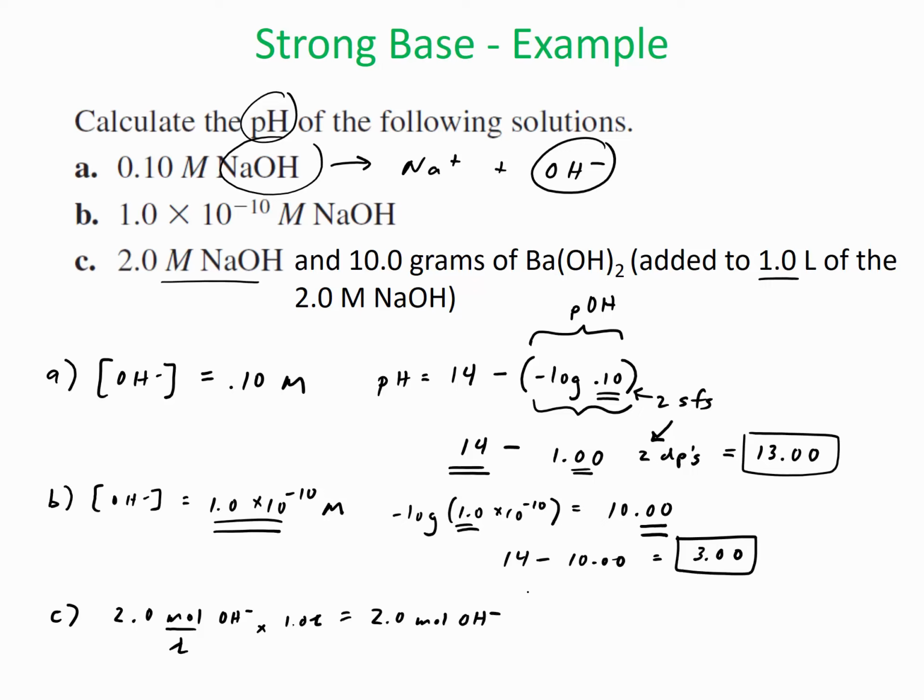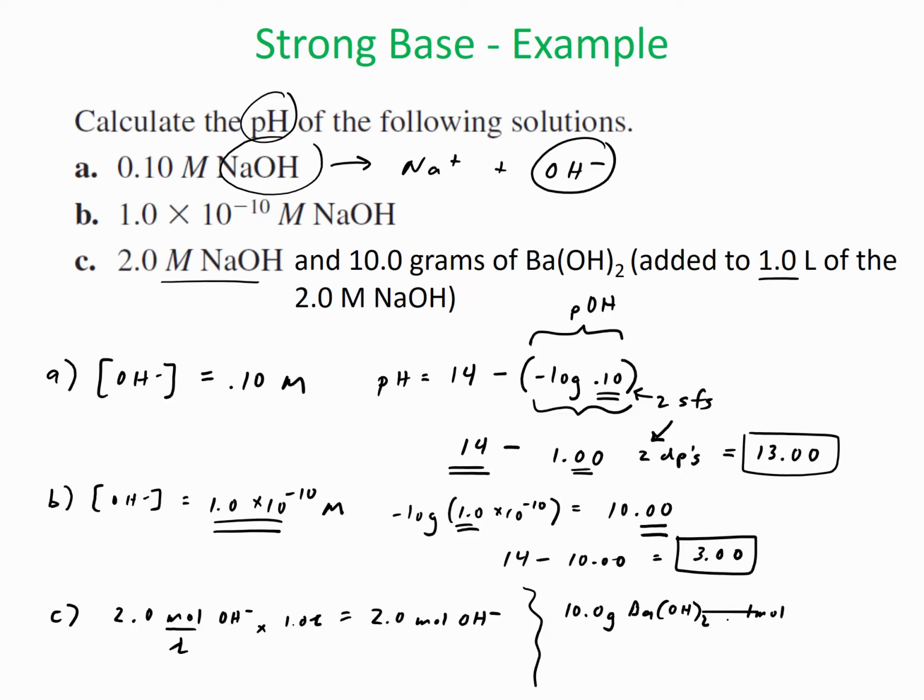So that's going to be 2 moles of OH-. Next I want to get the moles of OH- from the Ba(OH)2. This is 10 grams of Ba(OH)2. My molar mass is 171.